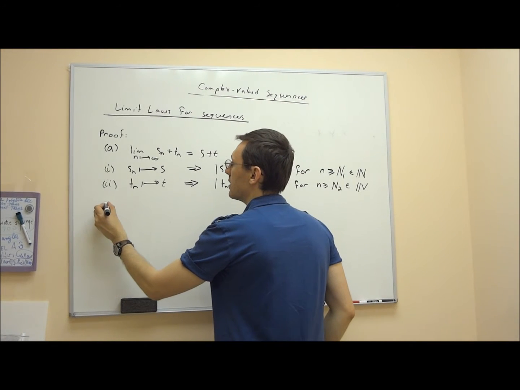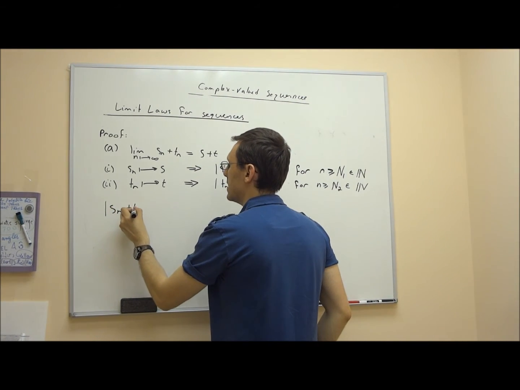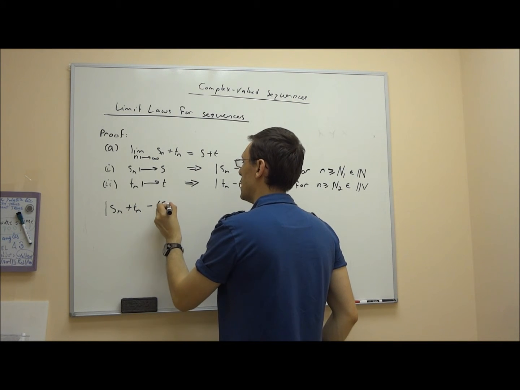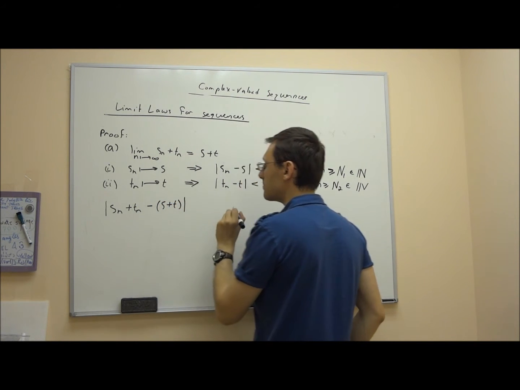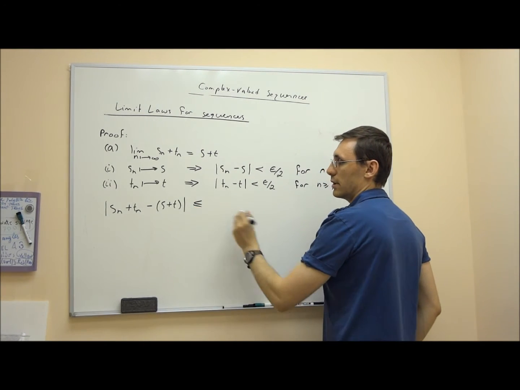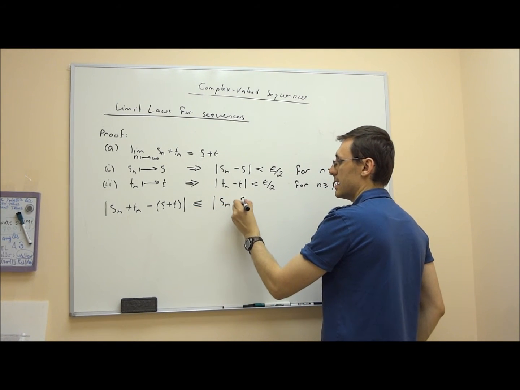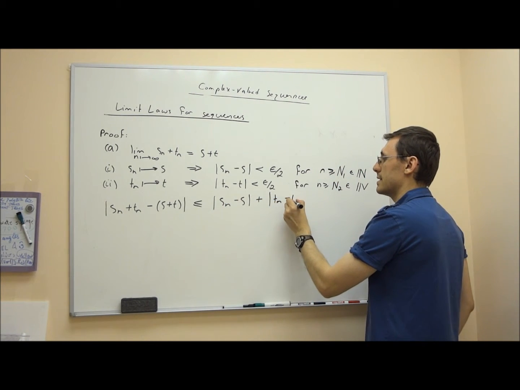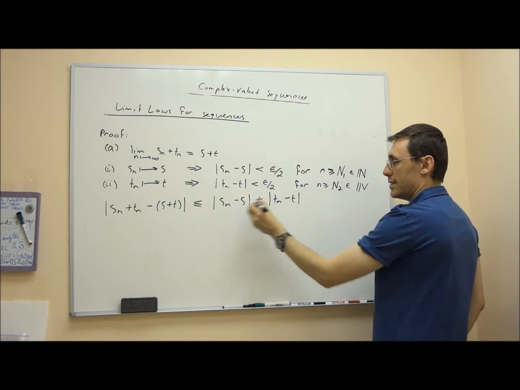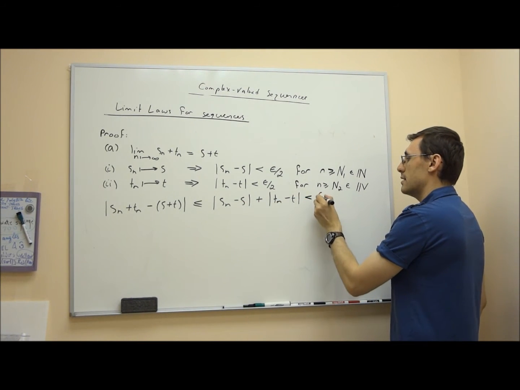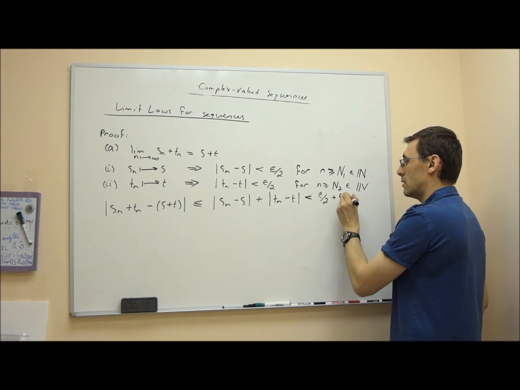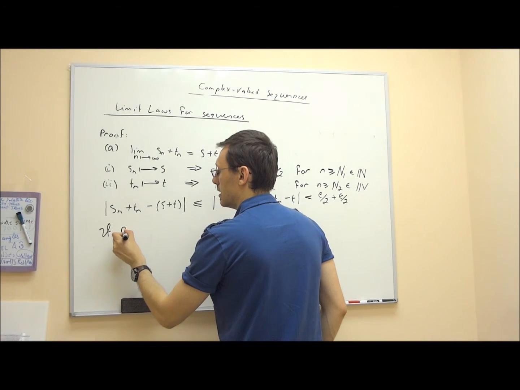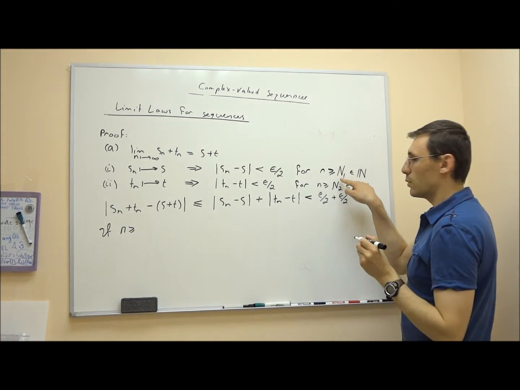So now we know that Sn plus Tn minus S plus T, by triangle inequality, is going to be less than or equal to Sn minus S plus Tn minus T, and each of them is going to be smaller than epsilon over 2 if little n is bigger at the same time than N1 and N2.